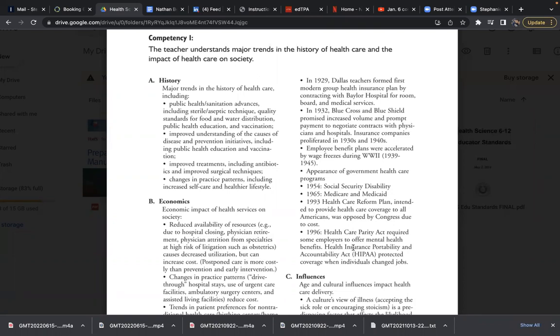Preventative care became a thing after Medicare and Medicaid, because we realized we won't have to spend so much money on insurance if we prevent people from being very sick later on in life. But that was an influence that came after a historical change. So major trends in history affect healthcare.